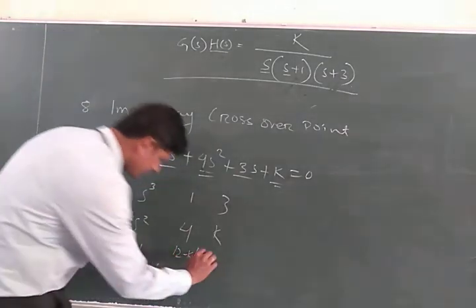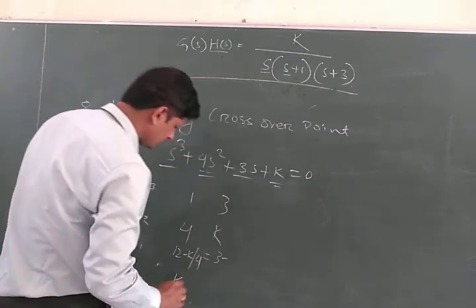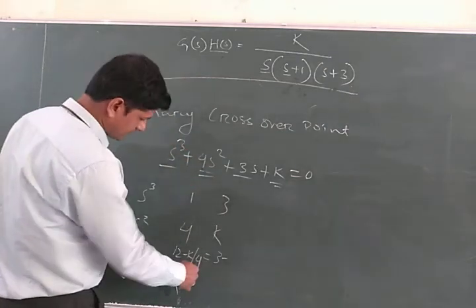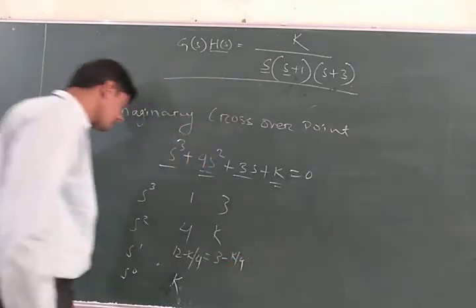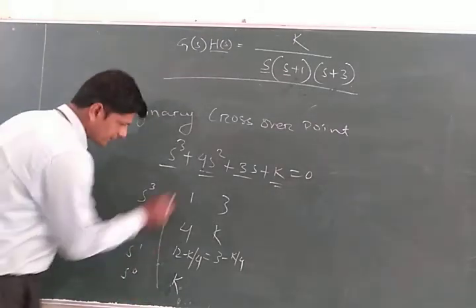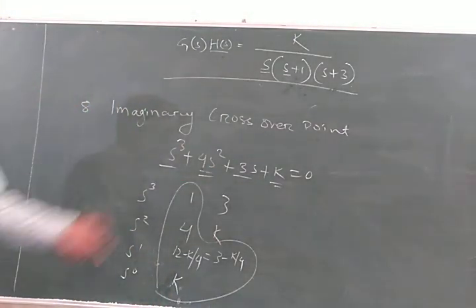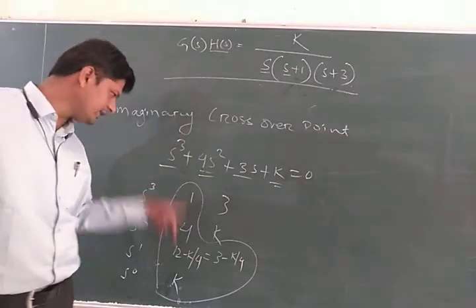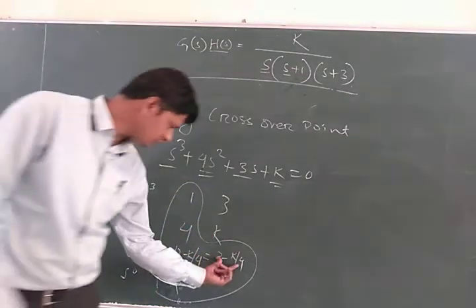So s1 is (12 minus K) divided by 4, that is 3 minus K by 4. For a system to be stable, all the terms of the first column must have the same sign. Since 1 and 4 are positive, K must be positive and this term must be positive.